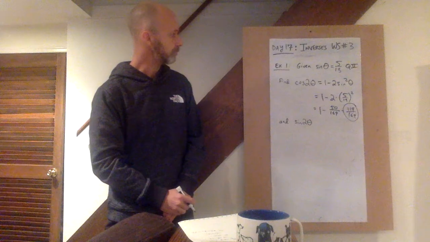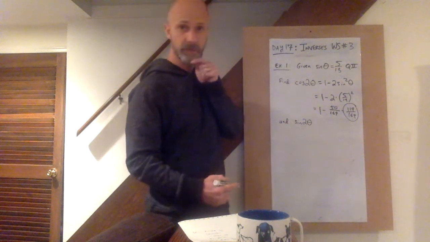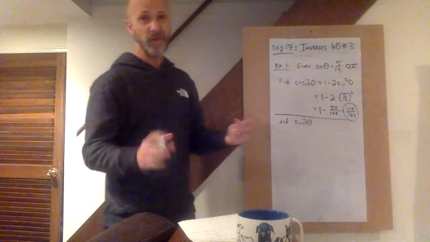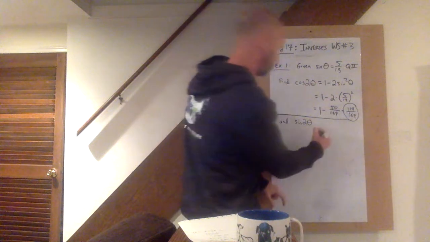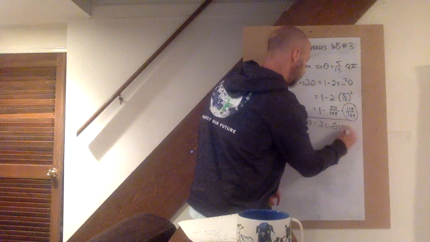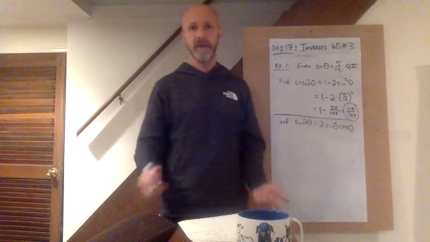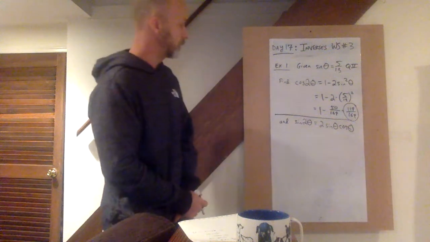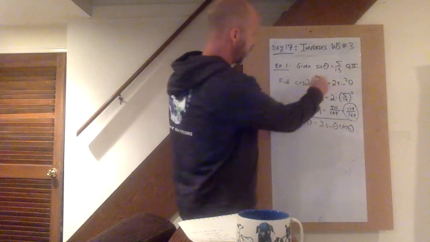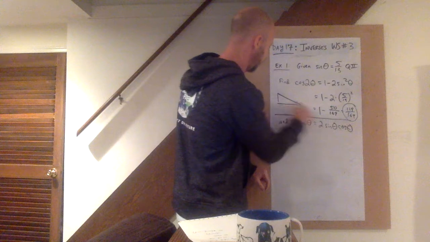Not too bad. Compare that to what we'd have to do if we worked out sine of 2 theta. Sine of 2 theta, only one double angle identity to choose from. I need to do twice sine theta cos theta. Now I'm actually only given sine theta. I'm not given cos theta. So I have to work it out. Oh, that's not too bad. I need to draw a triangle. So sine of theta is 5/13. I'm in quadrant 2. I'm just going to draw a little triangle right here.